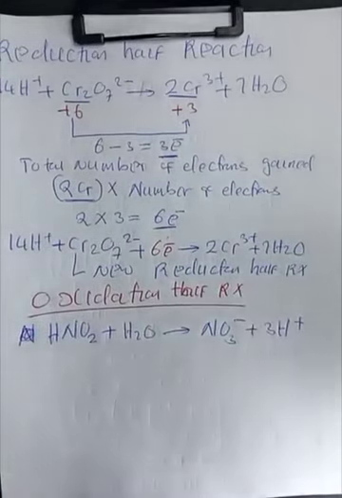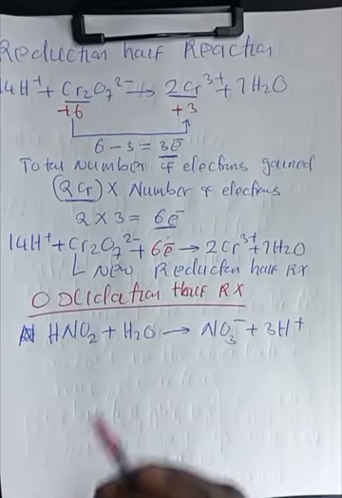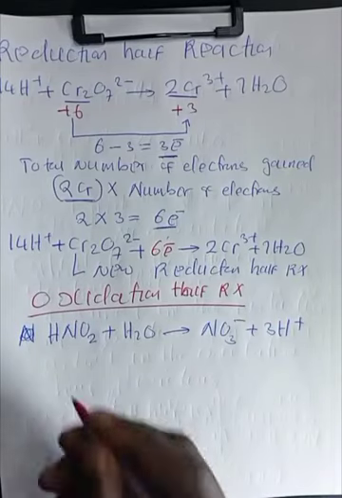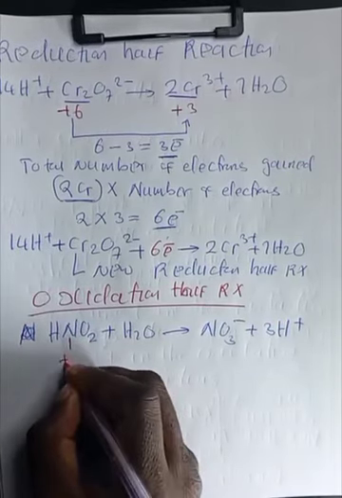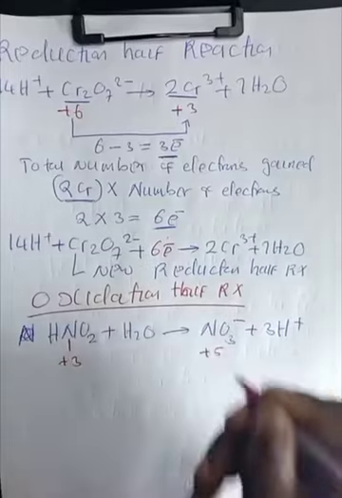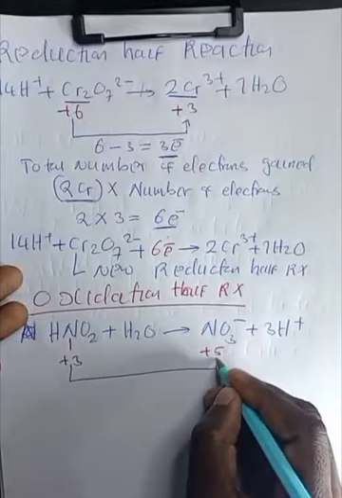Okay, so now if you remember very well from where we started, this one was positive 3, this one was positive 5. Okay, so I have to check again the difference. So from here to this side, what's the difference?